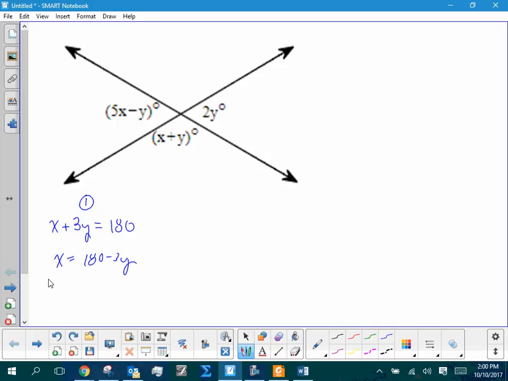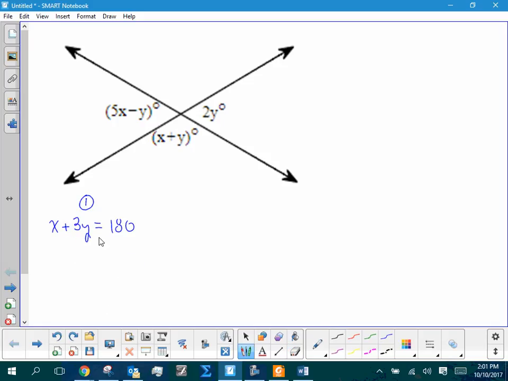Or I could say y is equal to negative 1/3 x plus 60, when I solve this one for y. But that doesn't tell me what y is unless I know what x is, right? So I can solve for x and I can solve for y, but it provides me an expression that incorporates the other variable. Maybe not something we really want to do. There's other ways around this problem instead of doing that.